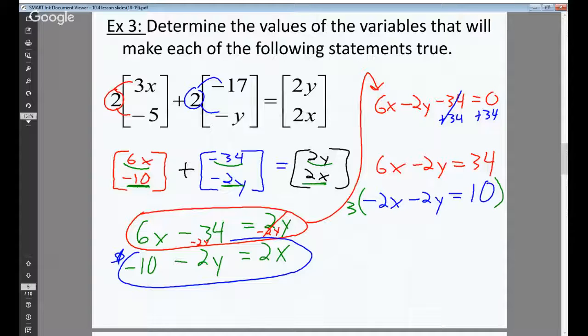So in other words, I'm going to multiply the bottom equation by 3 and go from there. The top equation, I haven't touched yet. But for the bottom equation, I'm going to multiply it by 3, and I'll get negative 6x minus 6y equal to 30.